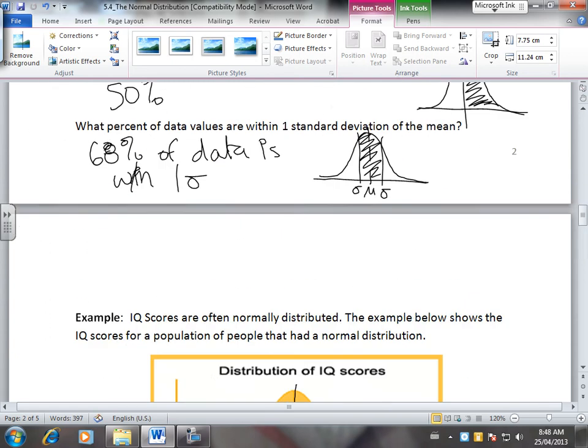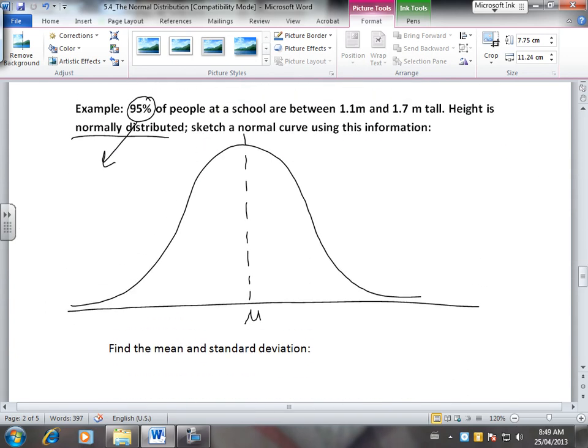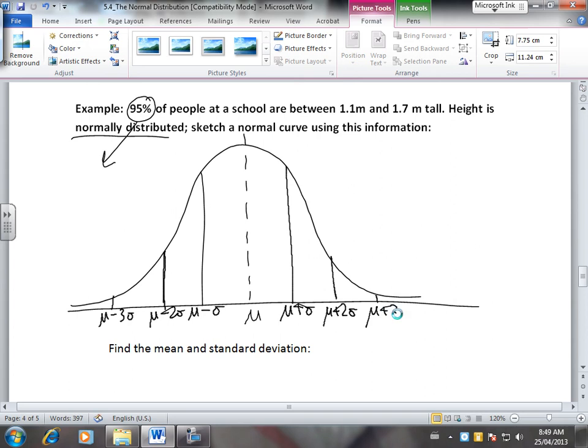So from that information, I can draw in some standard deviations to work off of. Here's mu, plus or minus sigma: mu minus sigma, mu minus 2 sigma, mu minus 3 sigma, and then mu plus sigma, mu plus 2 sigma, and mu plus 3 sigma.